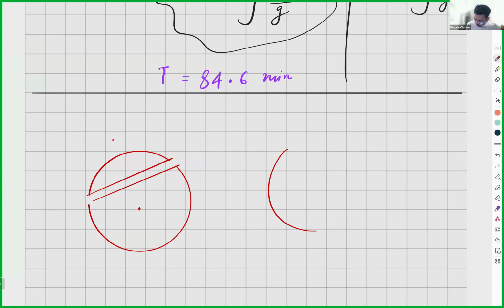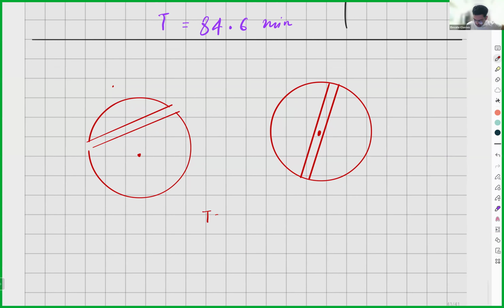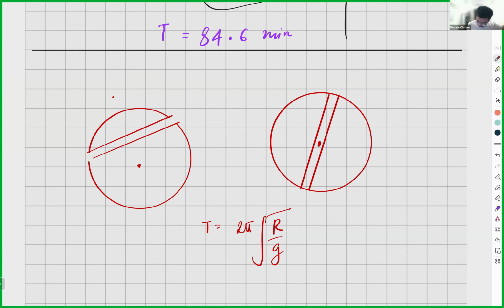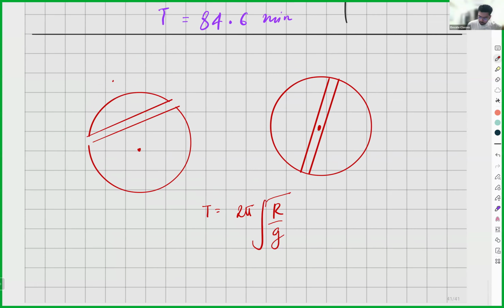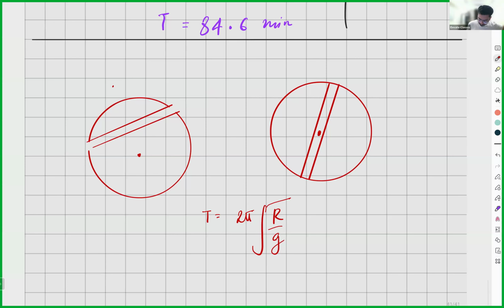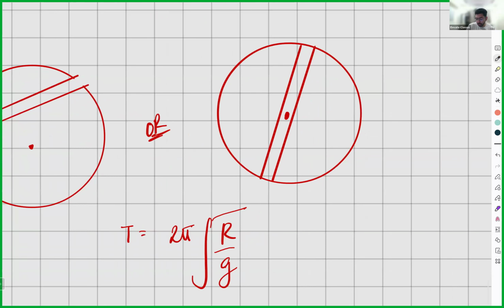Even if I dig like this, or I dig through the center, for all such cases, the time period will be the same, which is 2 pi under root R by G. No change in any of the cases. Now you can try deriving through the equation of motion when you have a tunnel dug through the diameter.